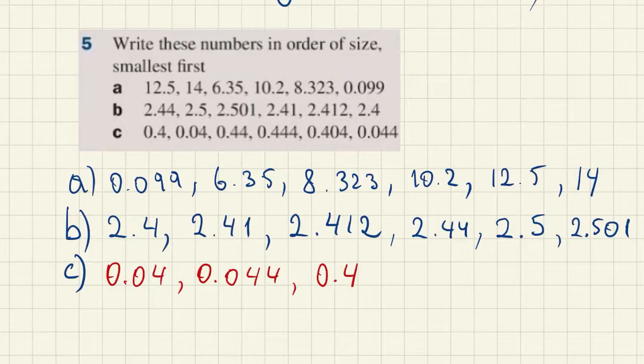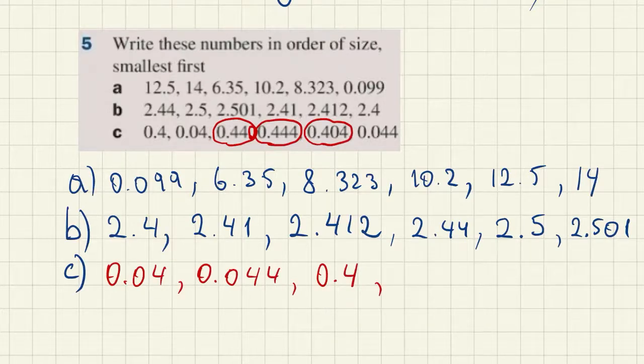Okay, so the remaining numbers are 0.44, 0.444, and 0.404. They almost look the same, except that something is missing here. Well, we can help that. We can add a 0 at the end. So we get 0.440. And now it becomes easier to compare them. 440, 444, 404. Pretty similar.